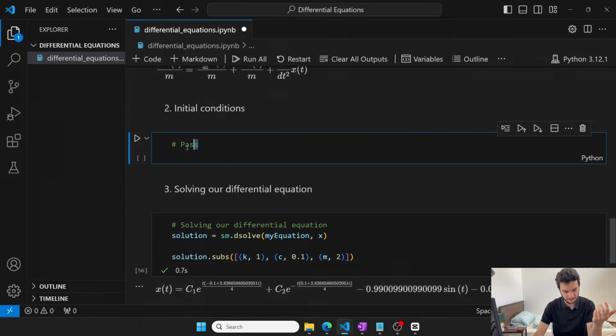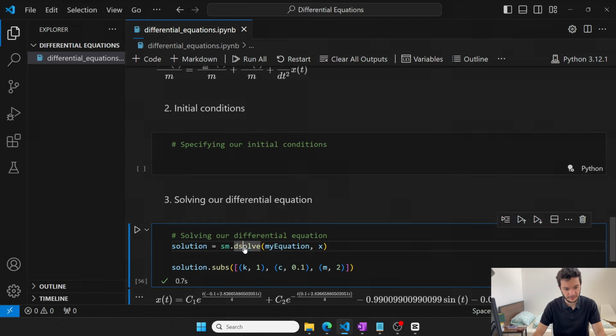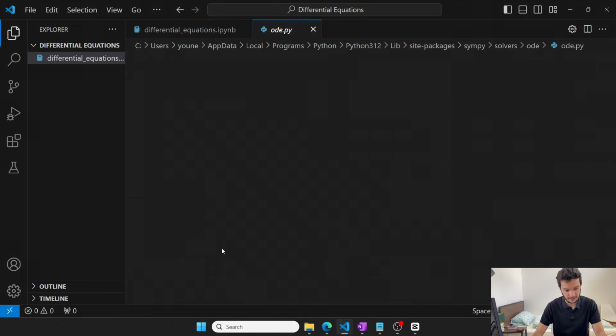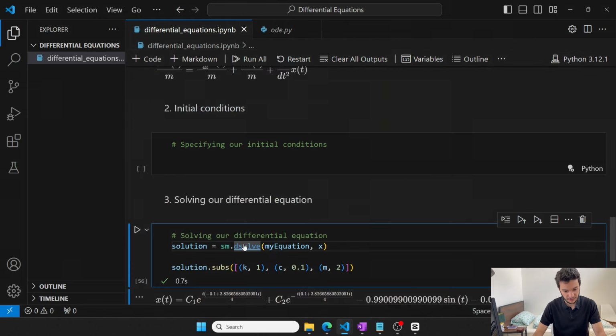So we come back here and say specifying our initial conditions. Now, the way you specify your initial conditions, you have to look into this dsolve function. If I open the documentation, holding control and then clicking on the function, it opens like a link.